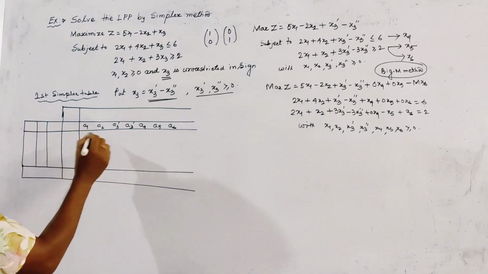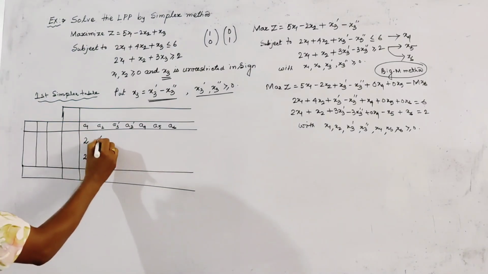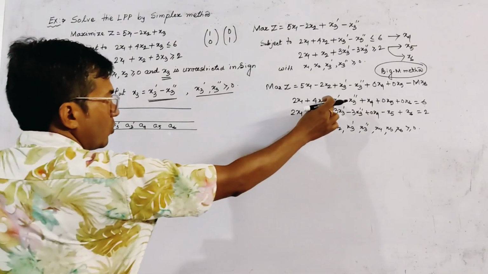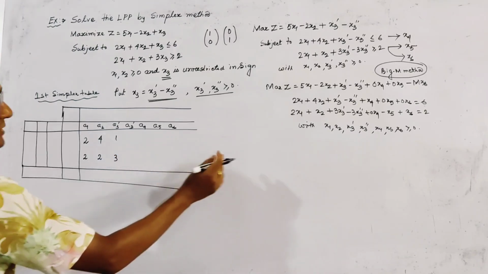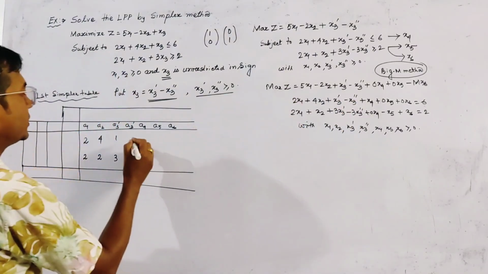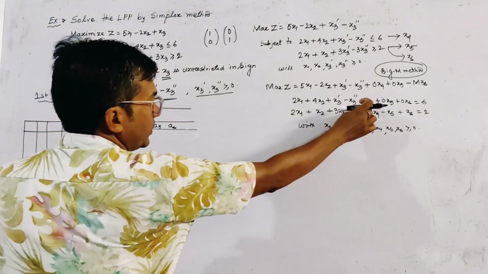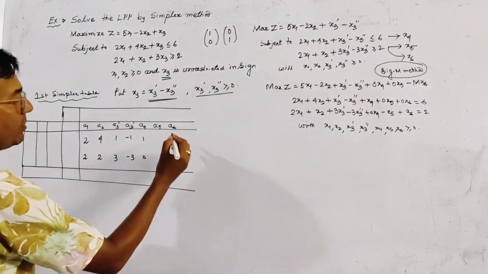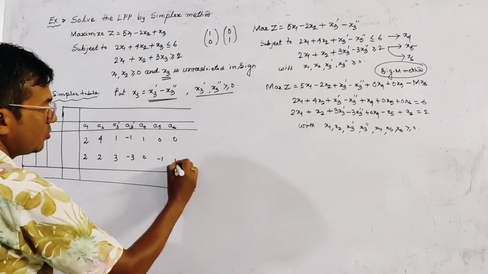We write these columns as 2, 2; 4, 2; 1, 3; minus 1, minus 3; and the a4 vector is 1, 0, the a5 vector is 0, minus 1, and the a6 vector is 0, 1.